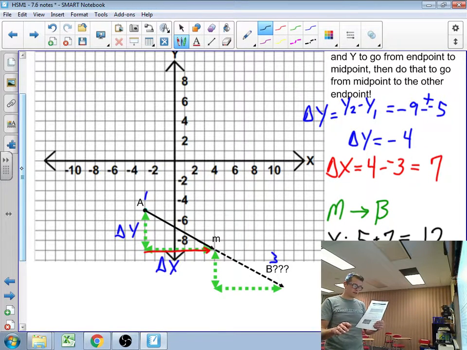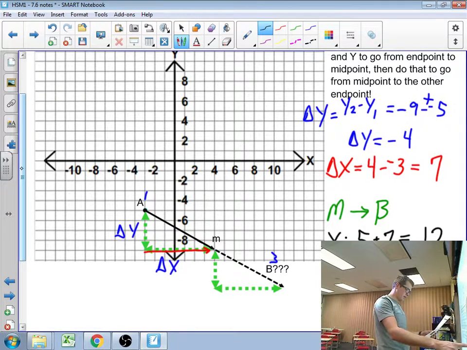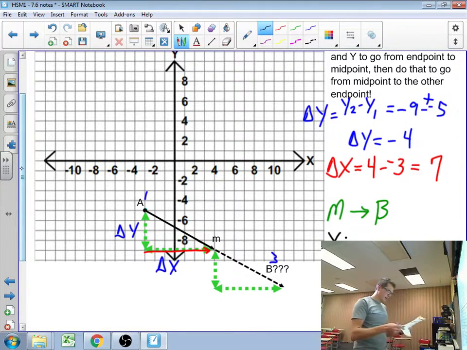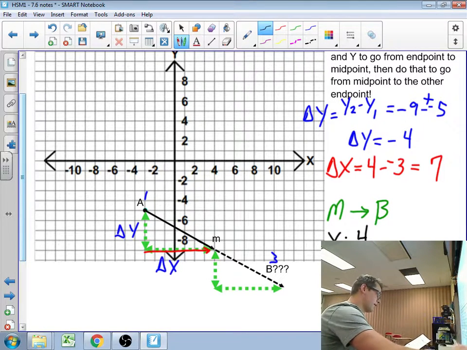Alright, sorry about that delay. This is what I goofed up. We're all good except for this final step. My original midpoint coordinate of x was 4 and of y was -9. 4 then has an addition of 7 and 9 subtracts 4.